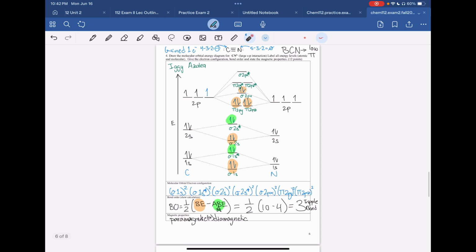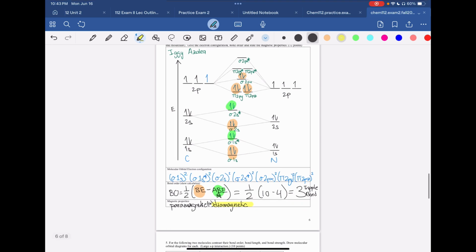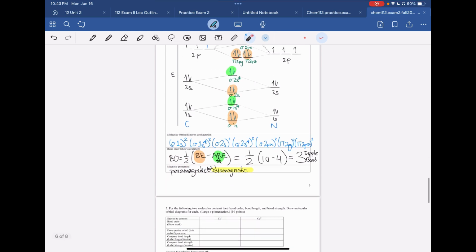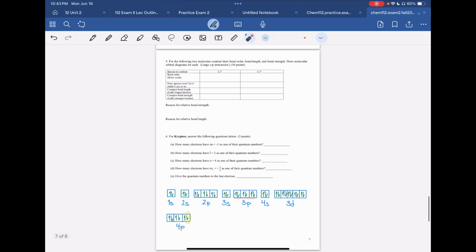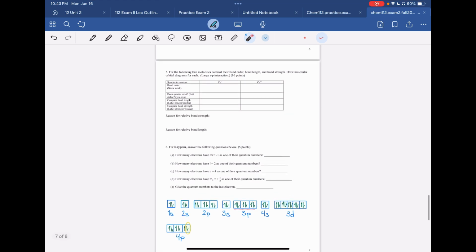So if every single electron has a pair already, they're going to die together. So the answer is diamagnetic. That's just how to memorize it in case you want to know that acronym. Para wants a pair. Dia die together. That's it. Moving on to the next question.